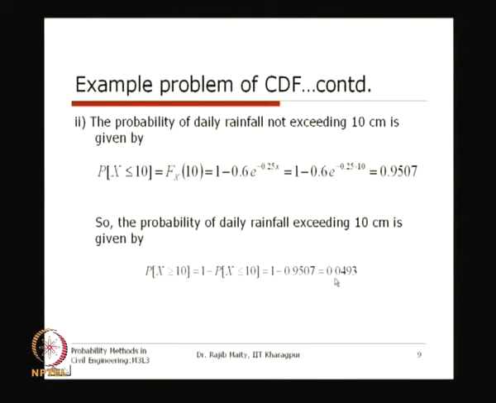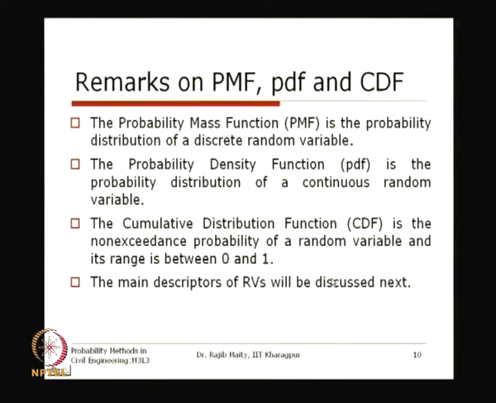Up to this point, we have seen the PMF, the probability mass function, which is for the discrete random variable. Then we saw the probability density function, which is for the continuous random variable, and last we discussed the cumulative distribution function for both discrete and continuous random variables.